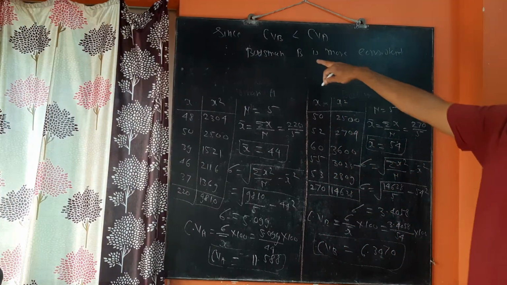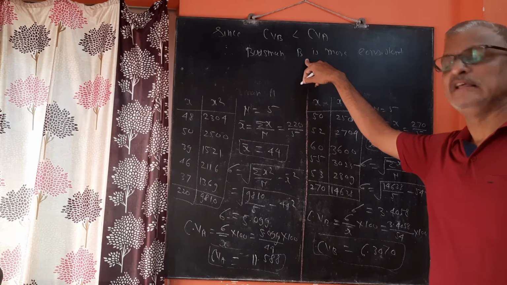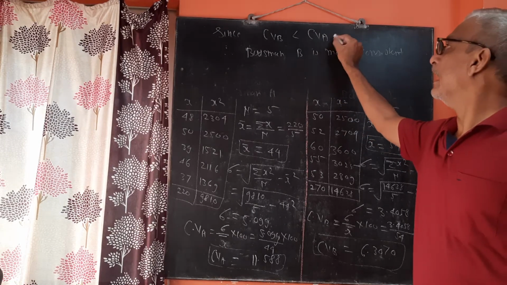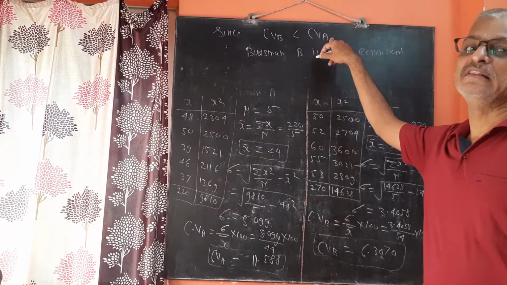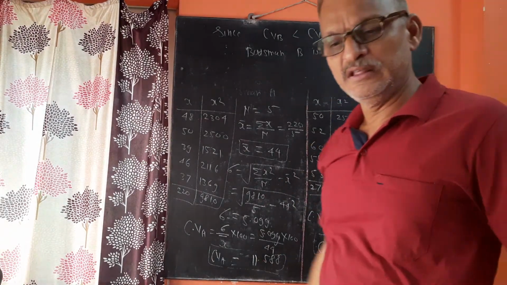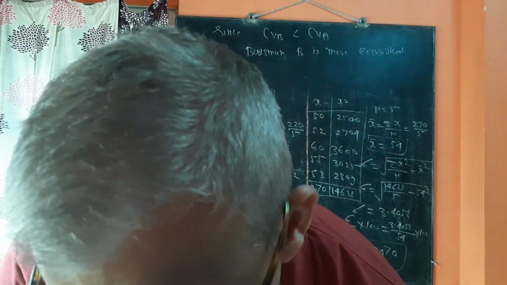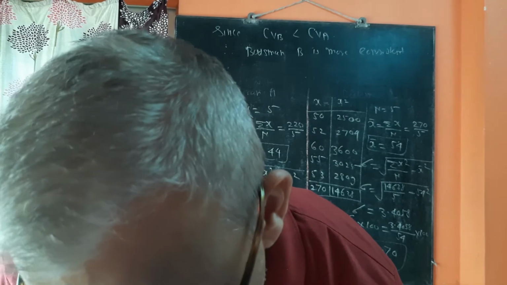That means batsman B will get selected into the playing 11 rather than batsman A. So in this way you can compare any two sets or more than two sets to find out which one is more consistent than the other one.